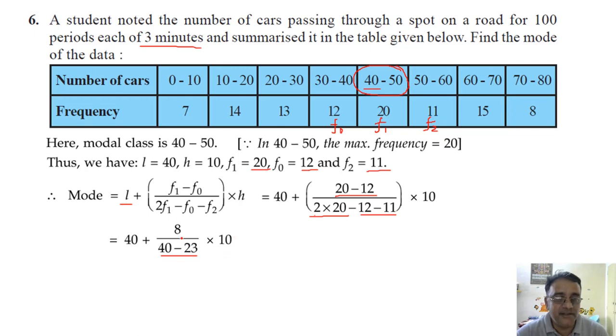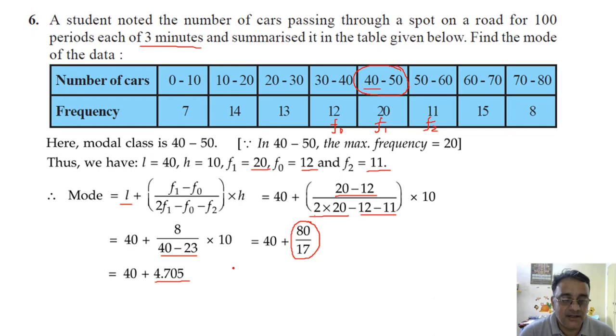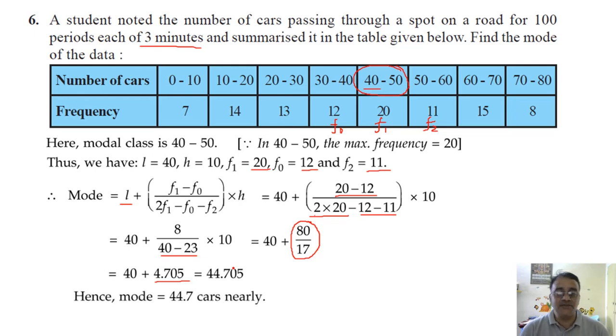So 40 plus 80 upon 17. Now divide 80 by 17. You will get approximately 4.705. Hence the final answer is 44.7, that is 44.705 approximately. Hence the mode is 44.7 cars nearly.